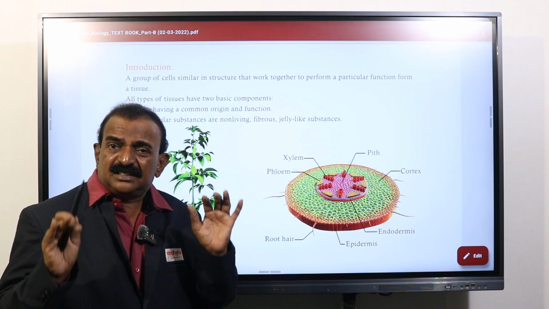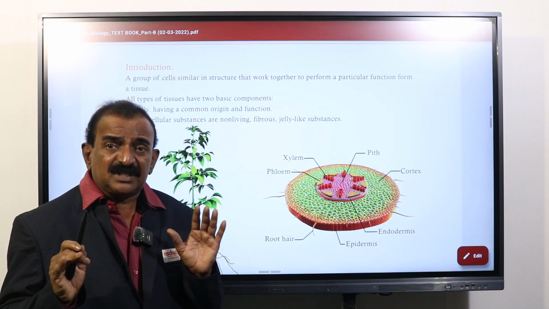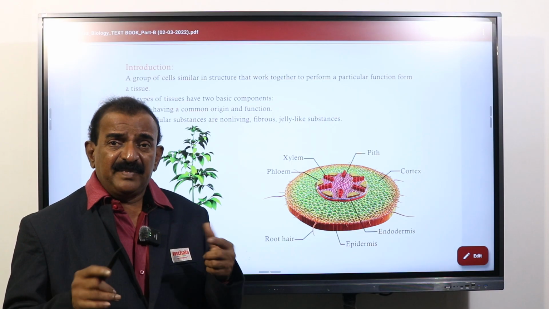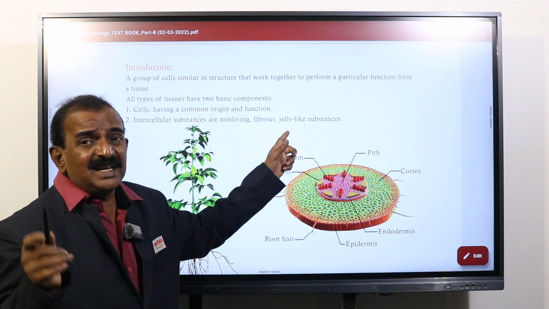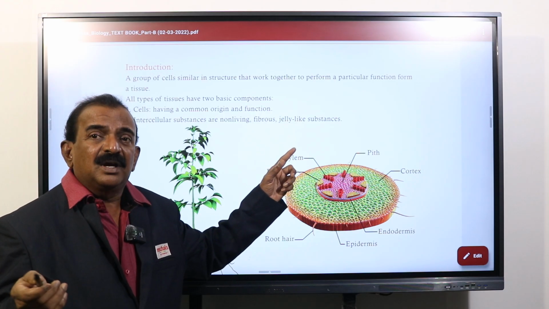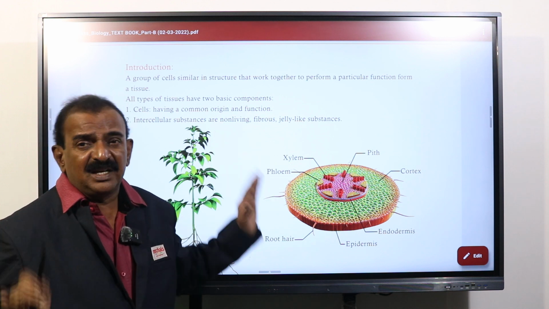This is important: the intercellular spaces have non-living material, which may be fiber tissues or a jelly-like substance, and they are non-living.